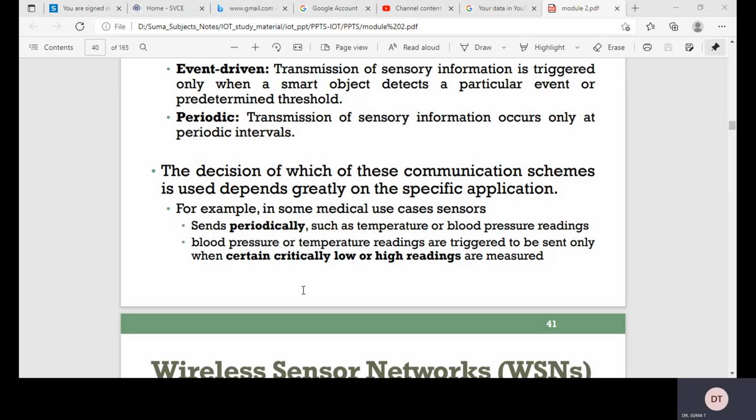As WSNs grow to very large numbers of smart objects, there is a trend toward ever increasing levels of autonomy. For example, manual configuration of potentially thousands of smart objects is impractical and unwieldy. So smart objects in WSNs are typically self-configuring or automated by the IoT management platform in the background.